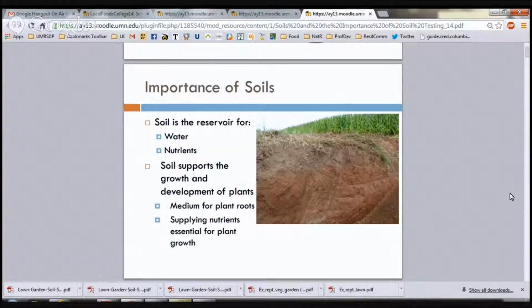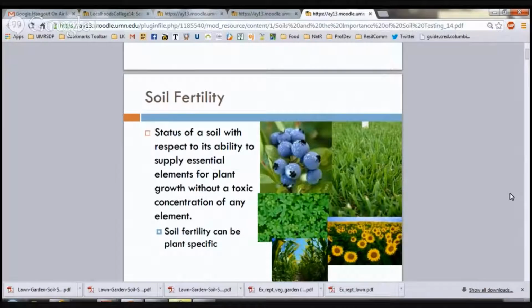If we don't have those nutrients in the soil, that's when we have to add them back through the process of fertilizing. So soil fertility is basically determining the status of the soil in regards to those essential nutrients for plant growth. However, we also have to see if we have any toxic concentrations of any elements, which can happen at specific pHs.